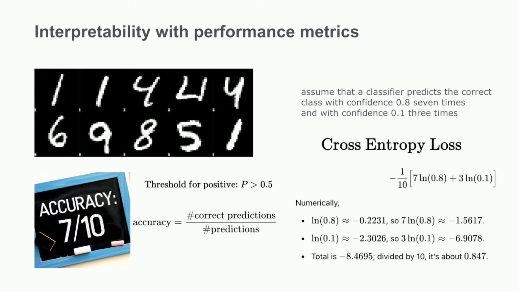So the trade-off that we have here is that cross-entropy loss is very good for training, but it's not as useful for the evaluation. So that's why we have metrics like accuracy and precision and recall. We actually need to look at both of them to have a full picture about the behavior of our classifier.